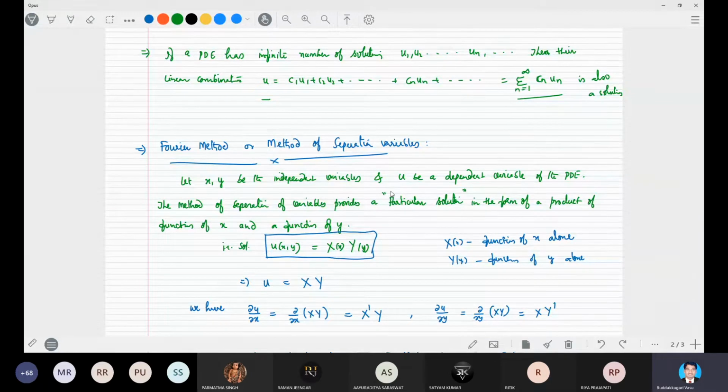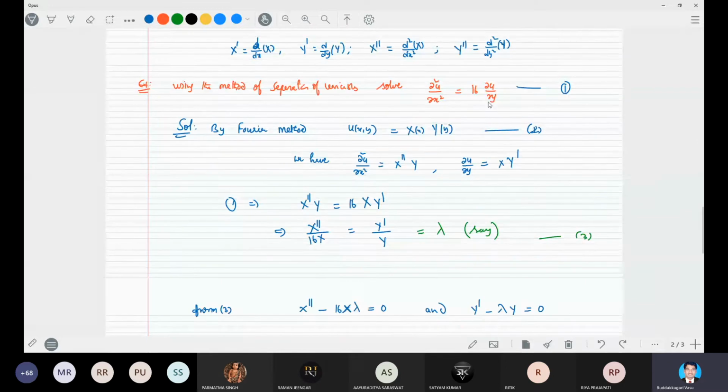So we have considered one example for solving the second order PDE by the method of separation of variables. Okay, let's see the rest of the solution. Last class we haven't completed that solution, right?